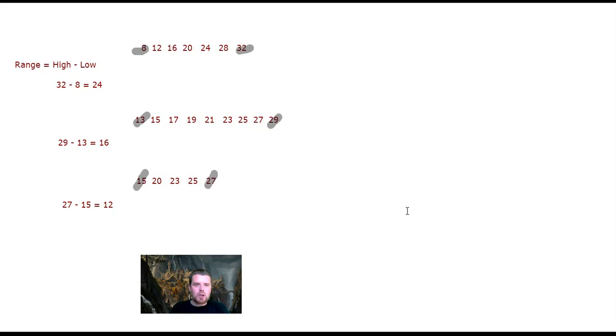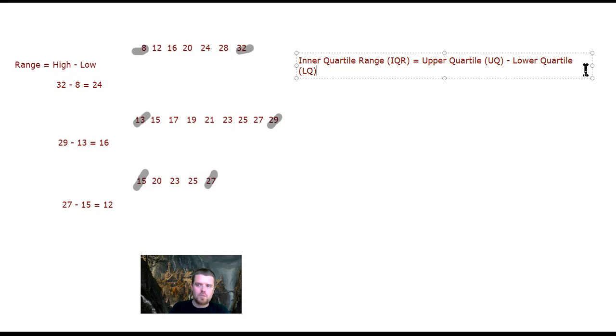Now we get into IQR, which is the other type of average. Interquartile range is defined as being the difference of the quartiles. So interquartile range, or IQR, is going to be the difference of the quartiles, which is your upper quartile, UQ, minus your lower quartile, LQ.